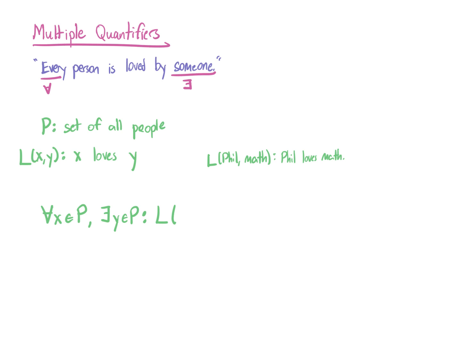Remember that we're looking for someone who loves the person we're looking at, so I actually need Y to be the person who is loving X, which means L of Y and X is what I'm going for. If I wrote this out in English: for every person, there exists some person who loves them.